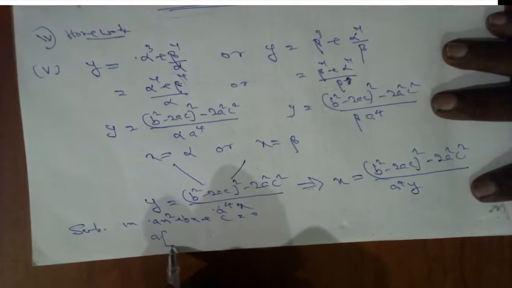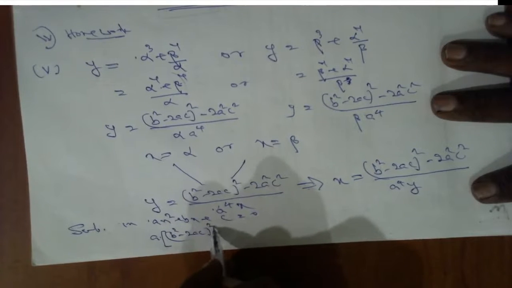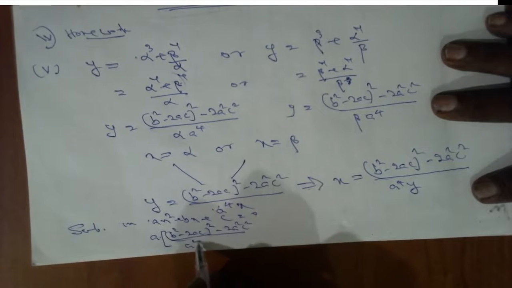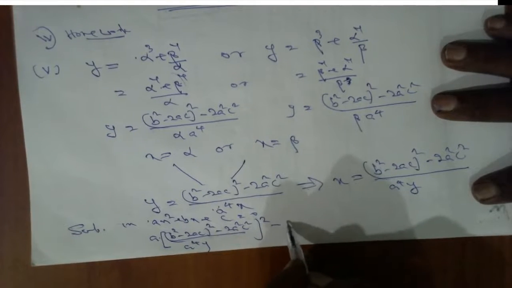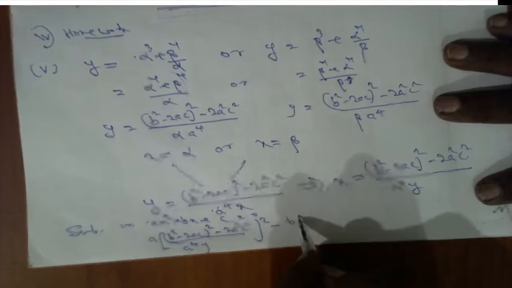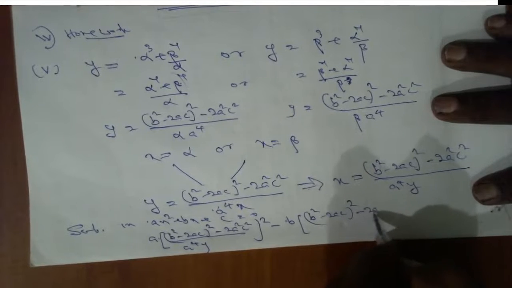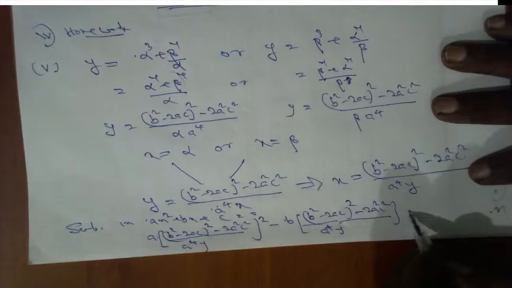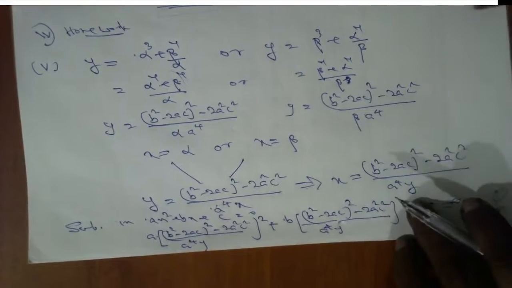You have a times b squared minus 2ac whole thing squared minus 2a squared c squared over a to the 4y whole thing squared minus b times b squared minus 2ac whole thing squared minus 2a squared c squared over a to the 4y plus c equals 0.